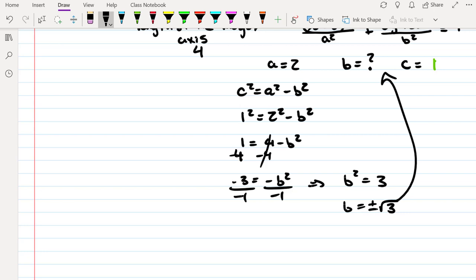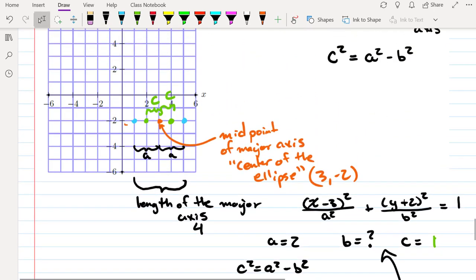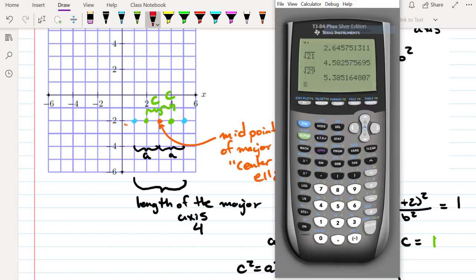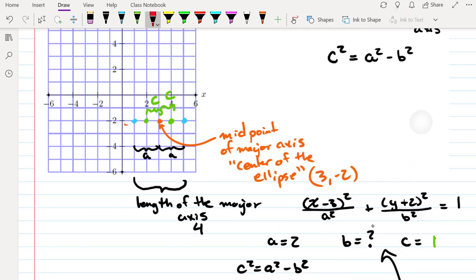Now that we know b, we could plot our two other points on our ellipse. The square root of 3 is 1.7-ish, so 1 and 0.7, 1 and 0.7 from the center, and that would give us our ellipse.